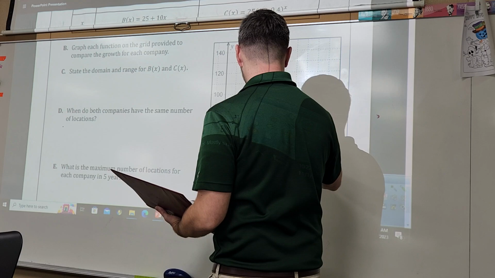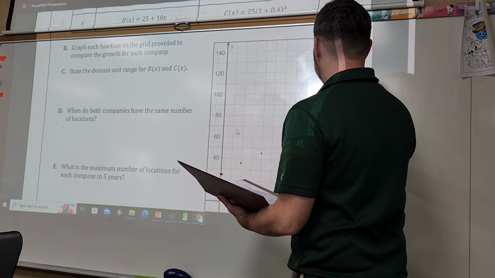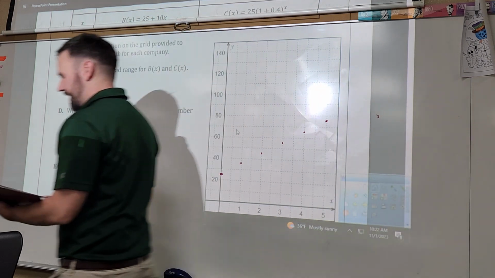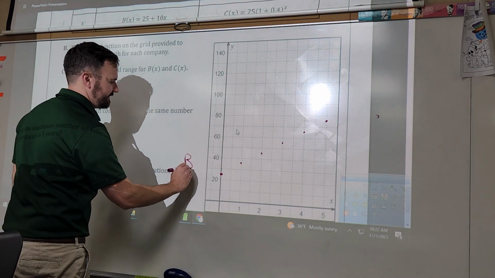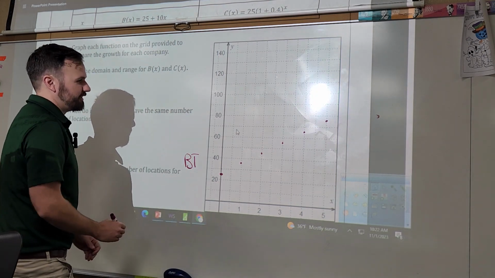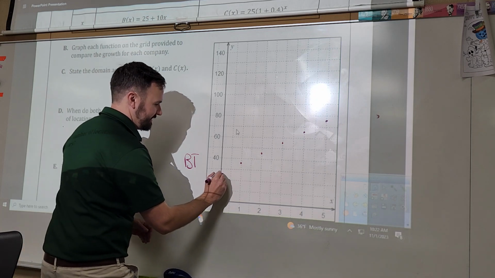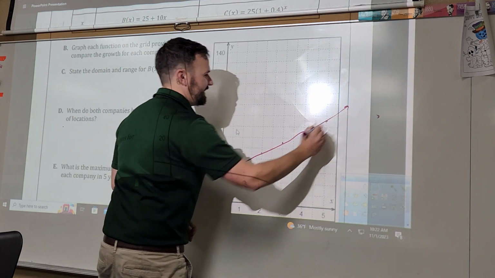Oh wait, I can do this. So which one did I just graph? Big tech, right? Do you think I can do this? Need a ruler? Or I can draw a straight line. Oopsie. That's not bad.